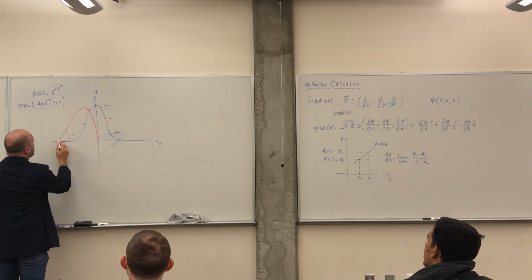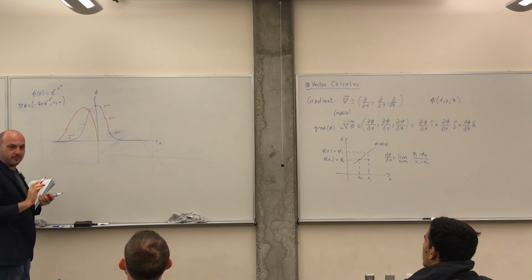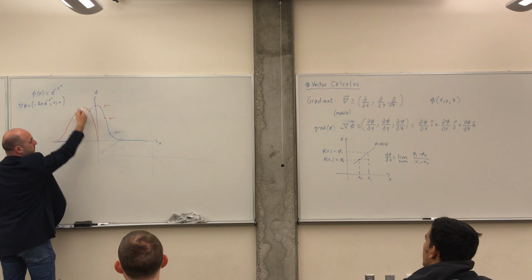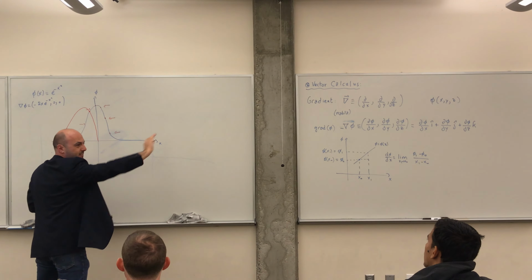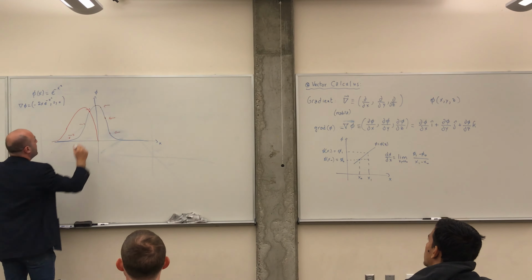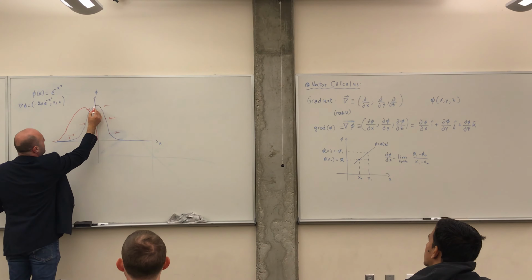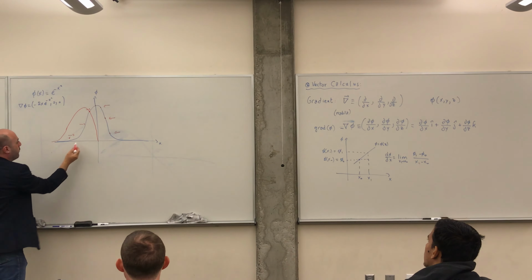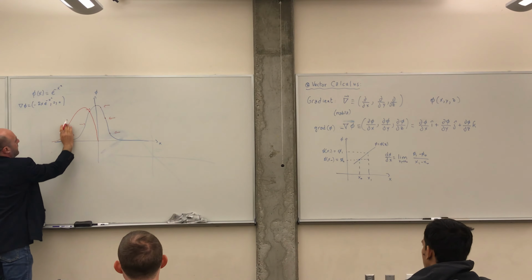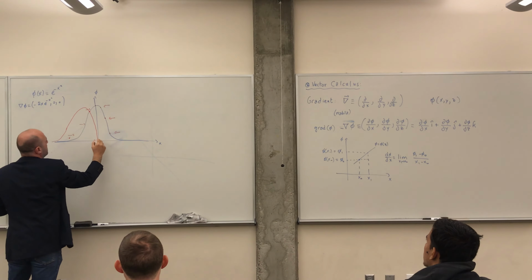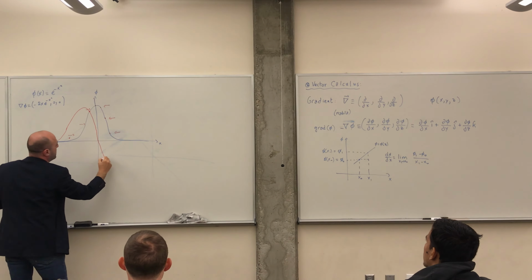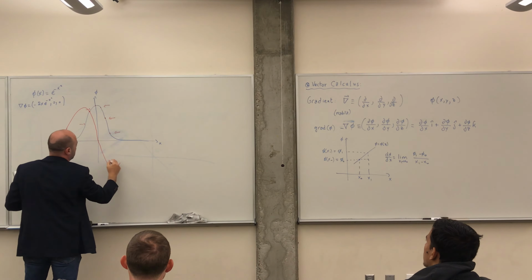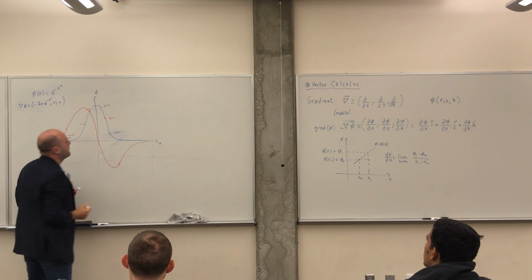So I'm plotting the magnitude of the gradient here, okay? But it's always positive, saying it's pointing in the positive x direction, right? But it slows down here because the curve slows down. Over here, it's really steep. So you get a sharp rise in the gradient, then it slows down. And in this case, it's going to go negative, and then it's going to slow down at the top, and it's just going to go like this.